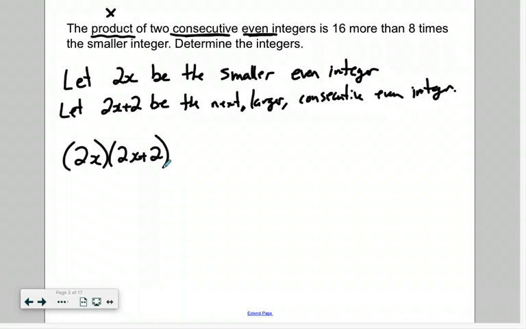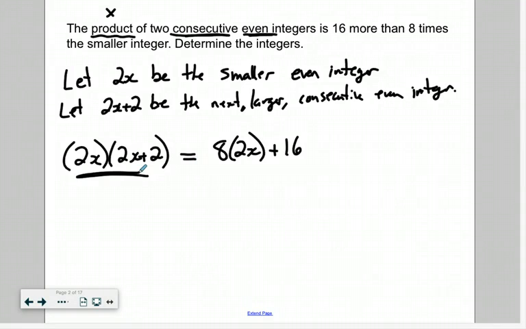So if we were to take the smaller integer, which is 2x, multiply it by 8, and then add 16 to it, it would equal the product of those two things. Okay, so 8 times the smaller integer, so 8 times the 2x, the product here, right, is 16 more than that, meaning we would have to add 16 to the 8 times 2x in order to get that same product. Okay, at this point now, we've kind of set up our equation.